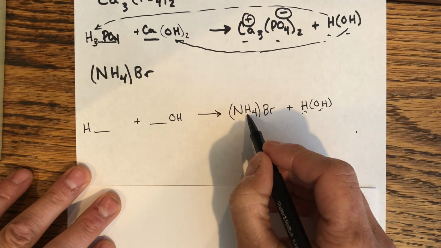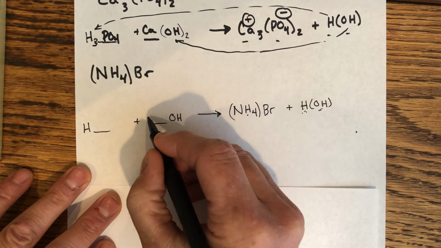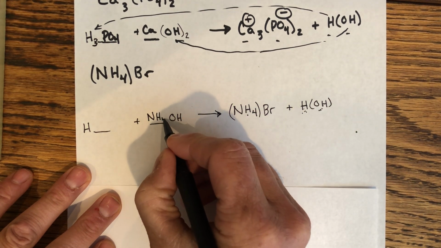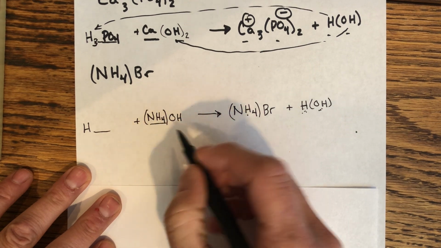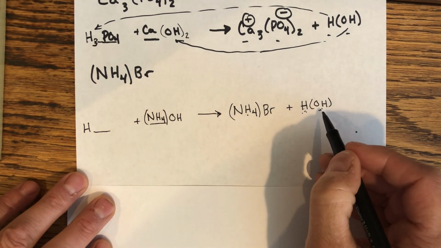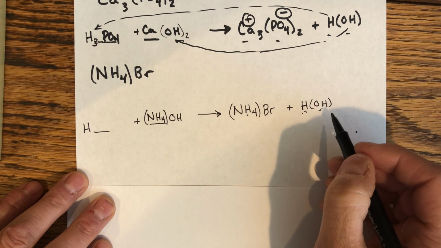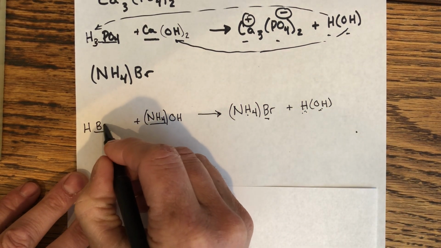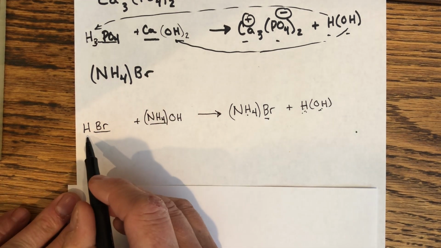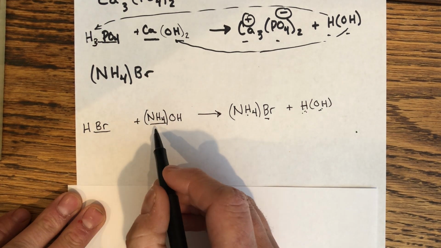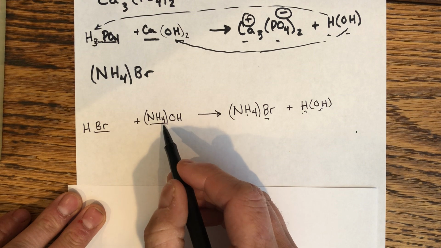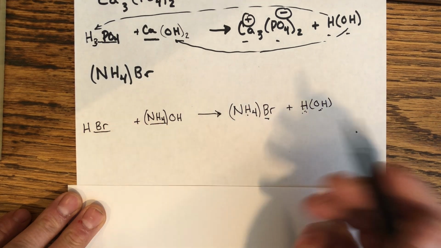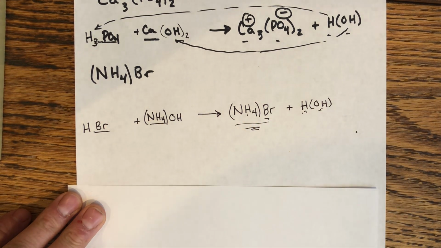The positive ammonium must go here. So the base is ammonium hydroxide, and the bromine here then goes right behind the hydrogen. And so this is hydrobromic acid combining with ammonium hydroxide, and those are the parent acid and base, and they join together to make that salt.